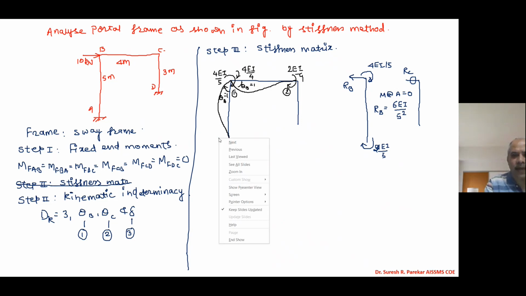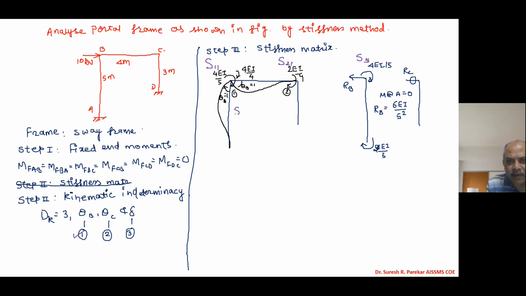Now we will get the values of S11, S12, which is again most important. Here we have S1, here we have S2, and here we have S3. Now we have applied unit displacement at 1 because we have applied theta B1, and you can see over here we have B as number 1. So this is S11, then this is S21, S31.